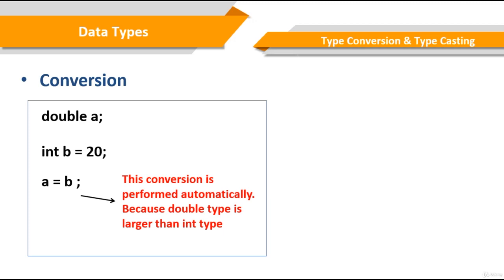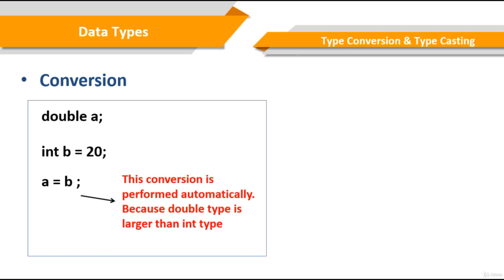Secondly, we define the variable b with int data type and assign a value of 20. Then we assign variable b to variable a. Because the int data type is smaller than the double data type, this conversion is performed automatically, right? And this process is known as automatic type conversion. Say it with me. Good job.